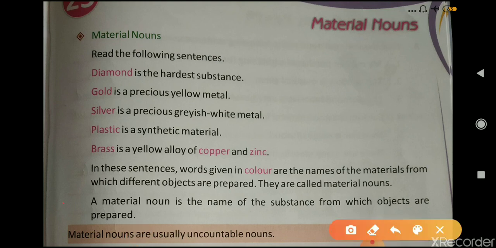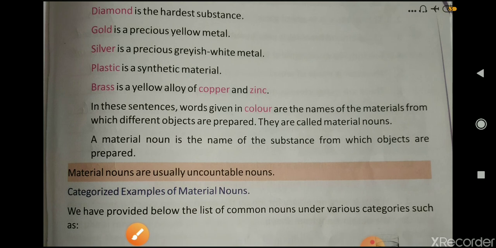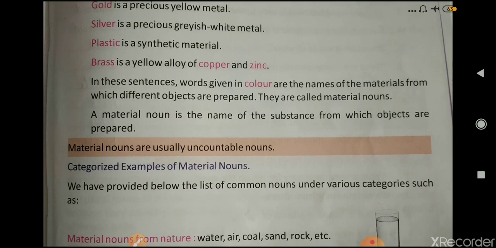So a material noun is the name of the substance from which objects are prepared. Material nouns are usually uncountable.